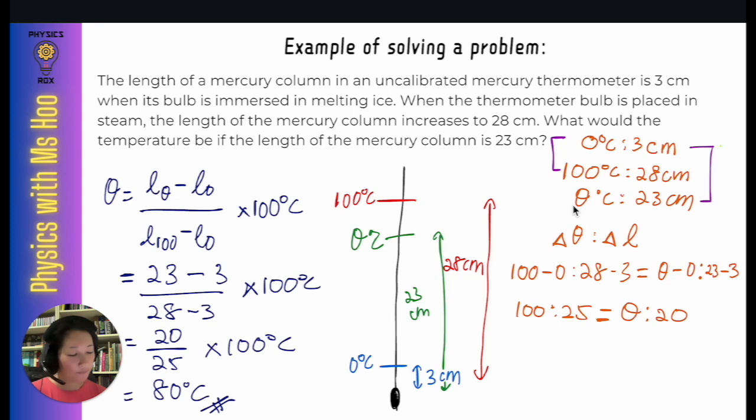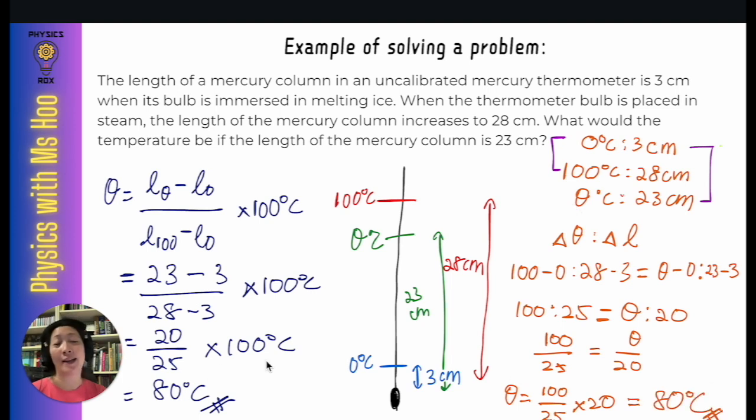So what we'll get is 100 divided by 25. This is equal to theta divided by 20. We will rewrite this, making theta the subject. So 100 divided by 25 times 20. Solving this, you would also get 80 degrees Celsius.